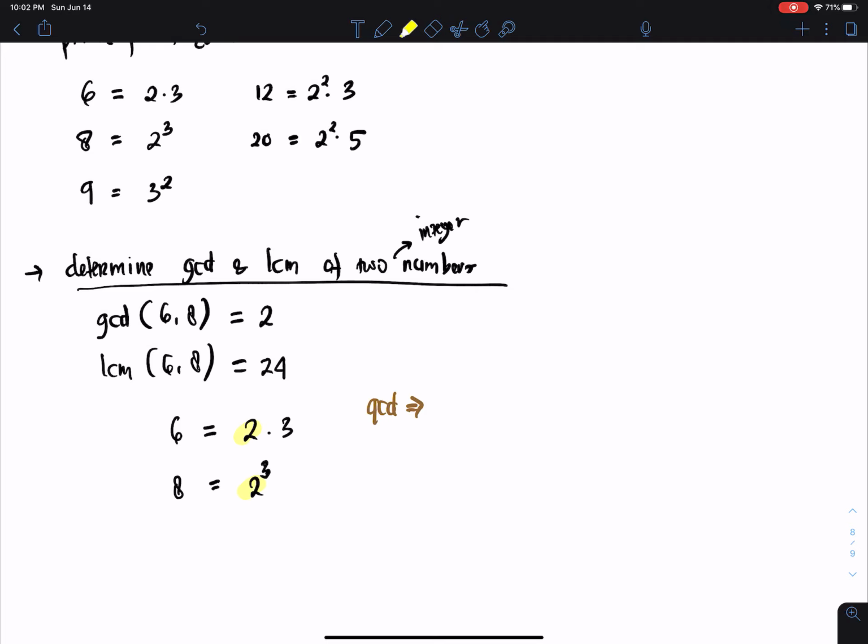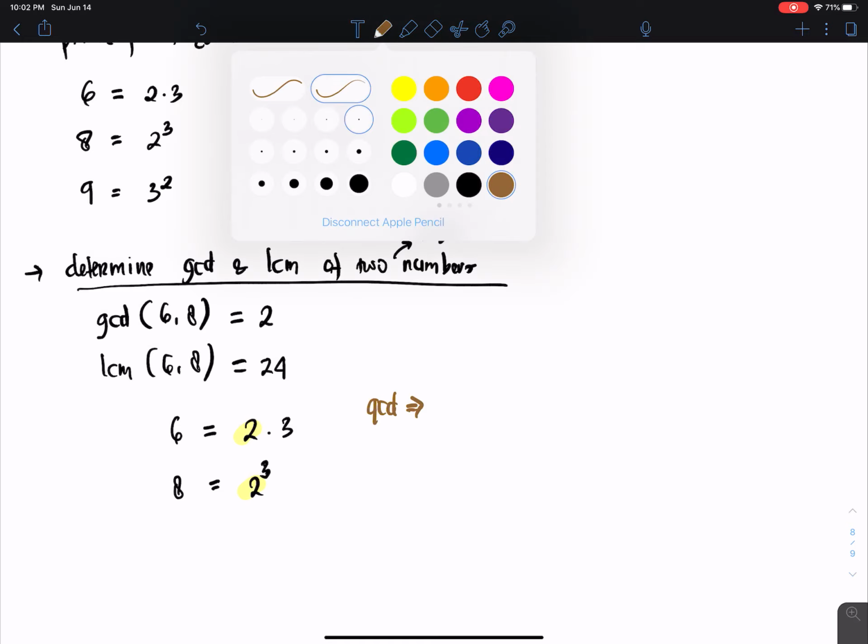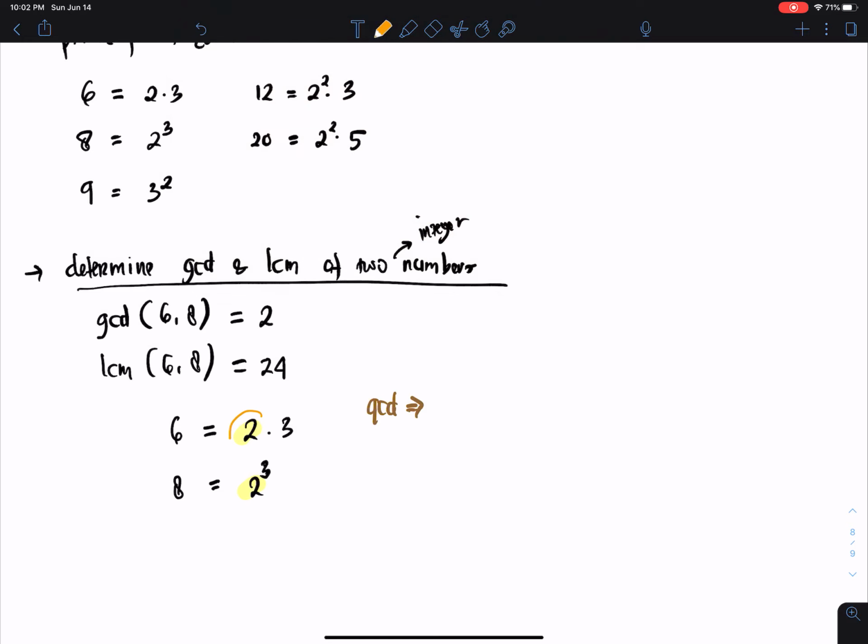Then we take the one with the smallest power. On 6 we have 2 to the power of 1, because 1 we don't need to write down, while for 8 we have 2 to the power of 3.